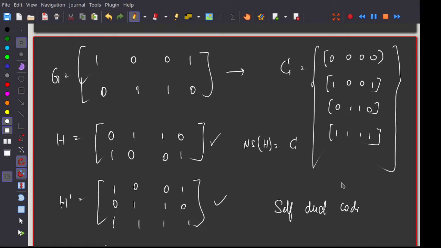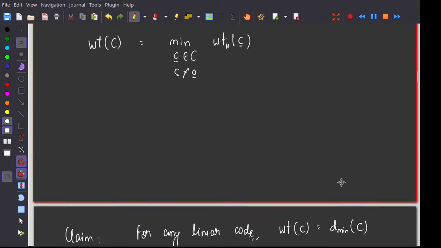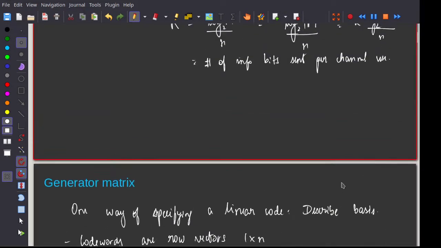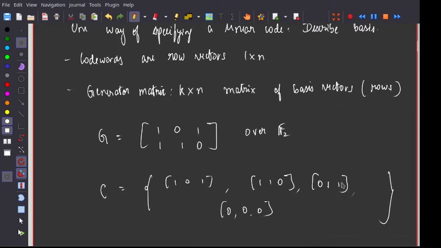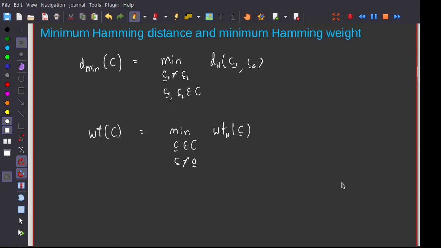Okay, so just to do a quick recap, in the last class, we saw notions of what is a linear code, the generator matrix, and the parity check matrix of a linear code. We saw that the minimum Hamming distance for a linear code is equal to the minimum Hamming weight of the code.